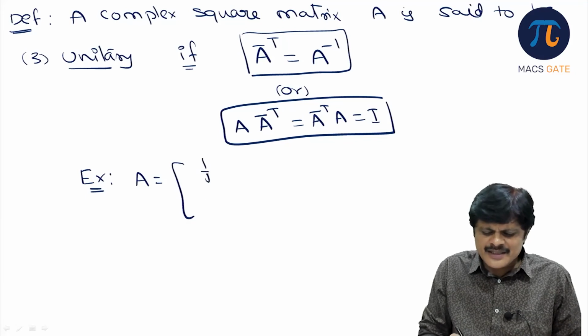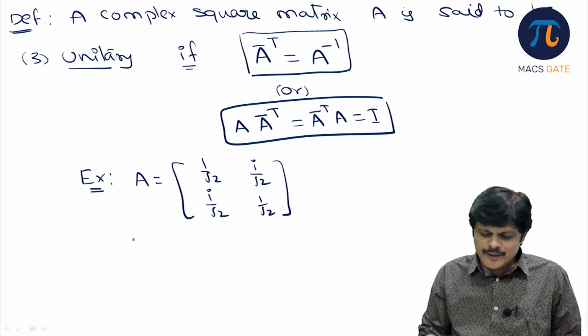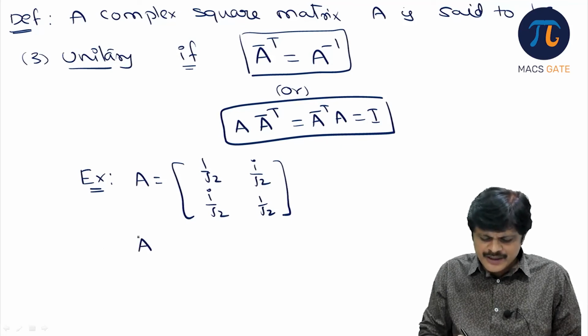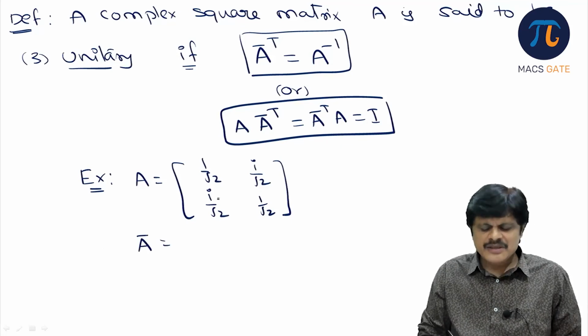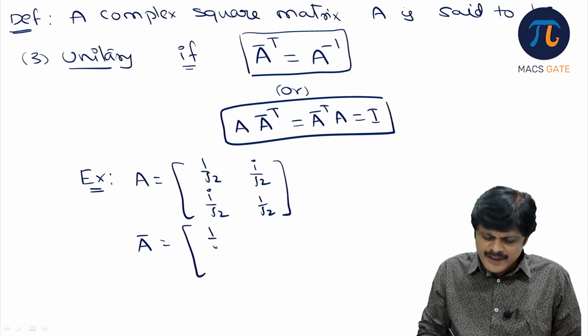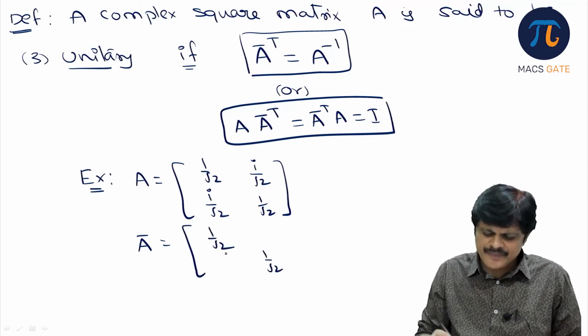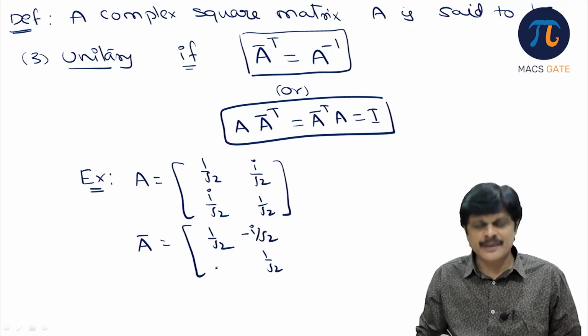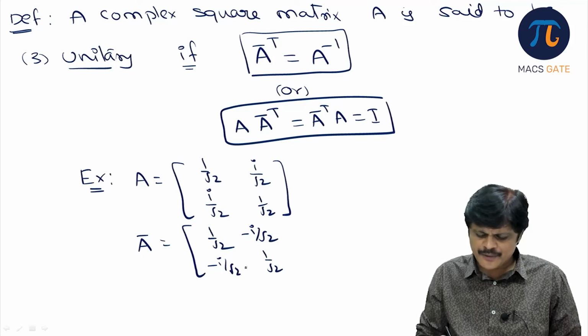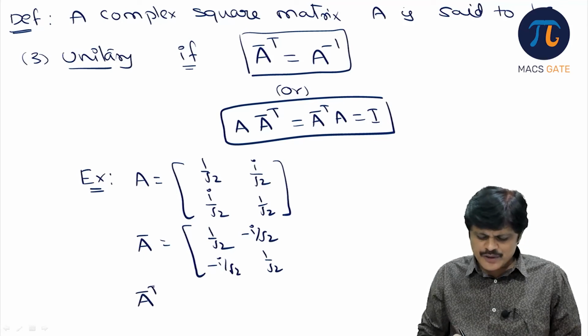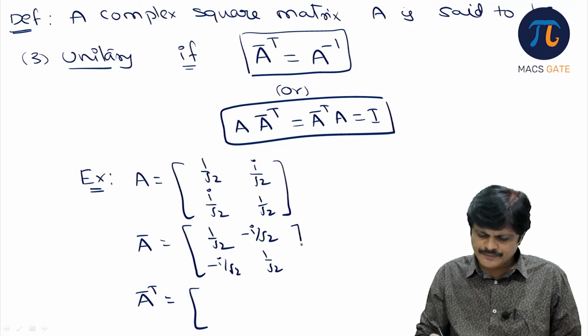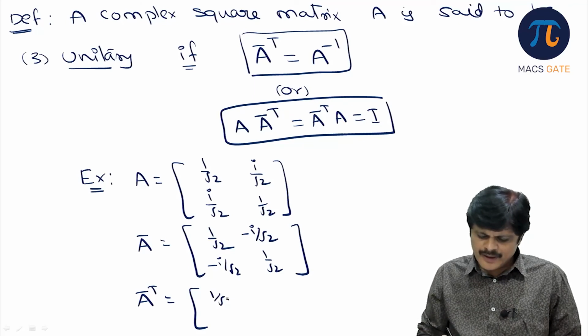A is, you can try this example, 1 by root 2, i by root 2, i by root 2, 1 by root 2. Now conjugate transpose, you take conjugate. Conjugate means, for real numbers no change, but for imaginary numbers the sign will be changing. So minus i by root 2, this is also minus i by root 2. And what happens to the transpose?